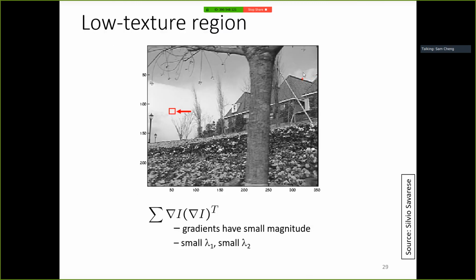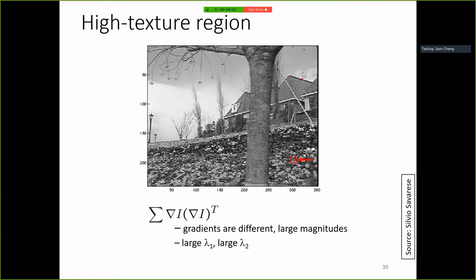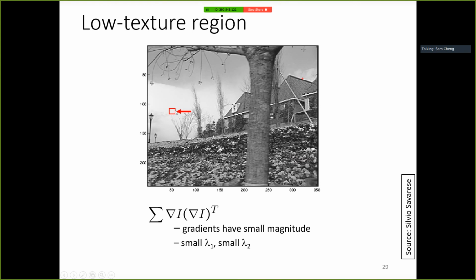But as I said, you can get lots of solutions there, but not all of them will be very accurate. For example, if you remember this same image we showed for the corner detector, here we can get a pretty accurate solution for the motion, but at the edge here and also for the smooth region here, the solution won't be very accurate.